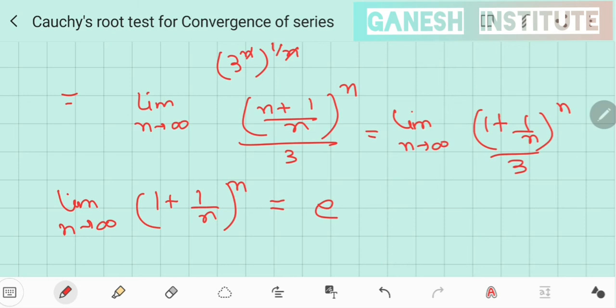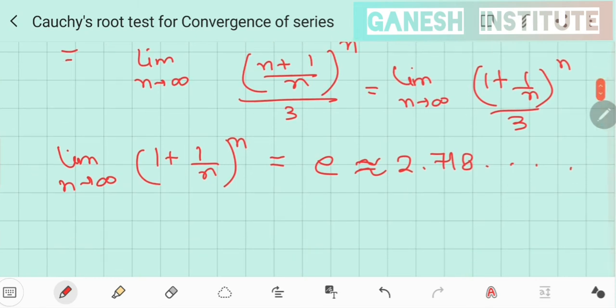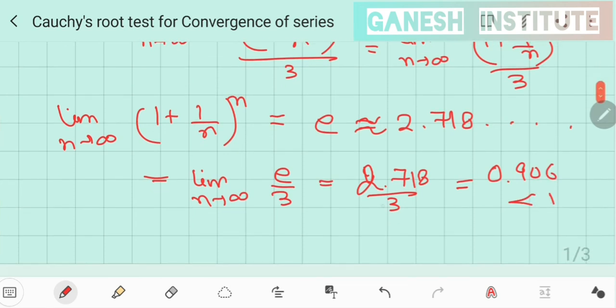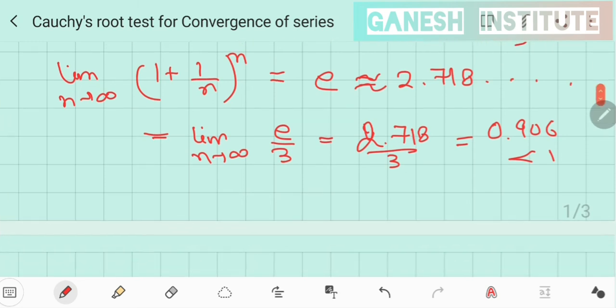E means exponential, whose value is 2.718 something. So this limit as n tends to infinity is e by 3, which is 2.718 by 3, which is something like 0.906, which is less than 1.